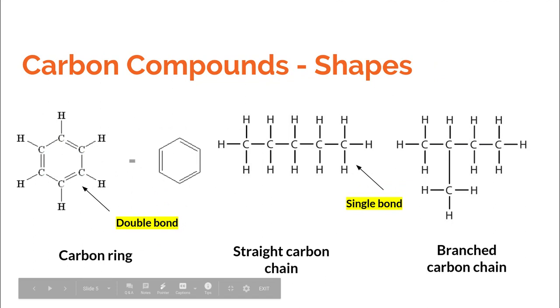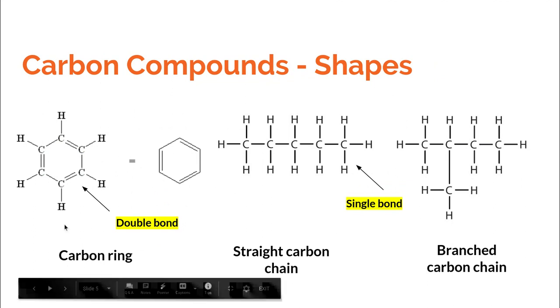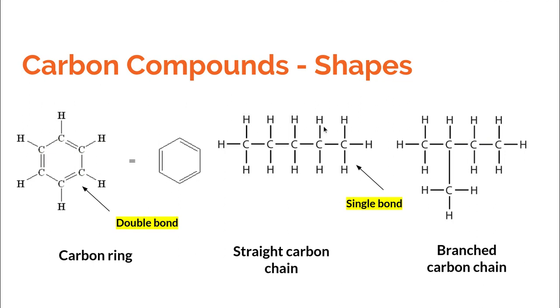But we can also get much more complex structures and shapes, making these really big biomolecules or macromolecules. And they can come in a few different shapes. So here we have a ring. Here we have a straight carbon chain. So we can see just one line of carbons with other atoms.